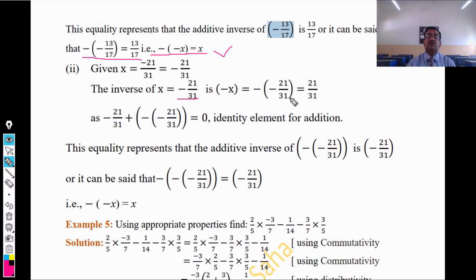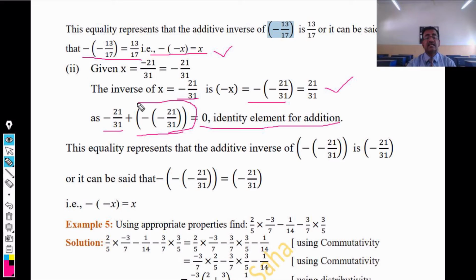In that case, it is minus of minus 21 by 31, and you know minus into minus is plus, then it is 21 by 31. Now, like the previous solution you have seen, it is given x equals minus 21 by 31, and from here, 21 by 31 plus minus 21 by 31 is equal to 0, and it is the identity element for addition.